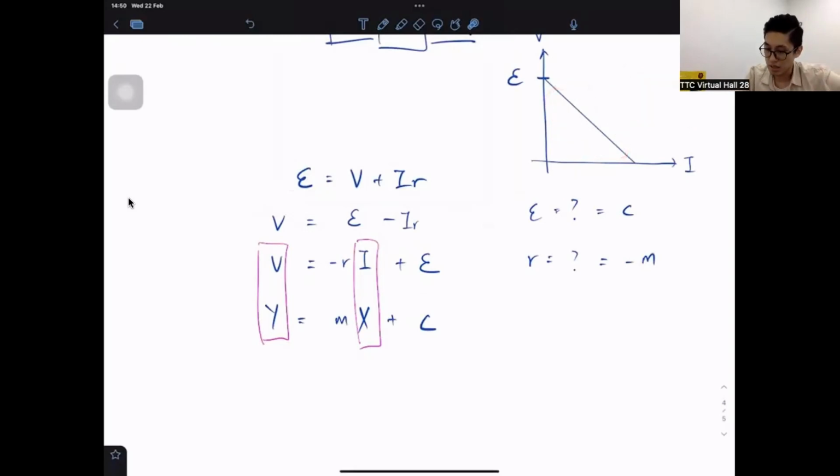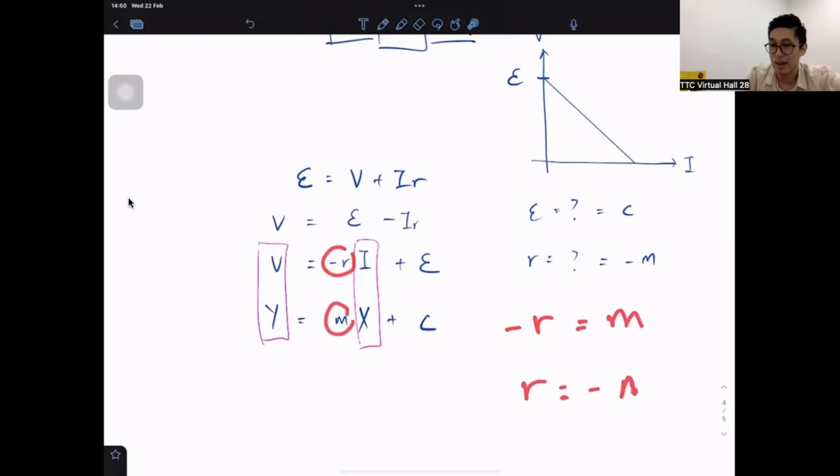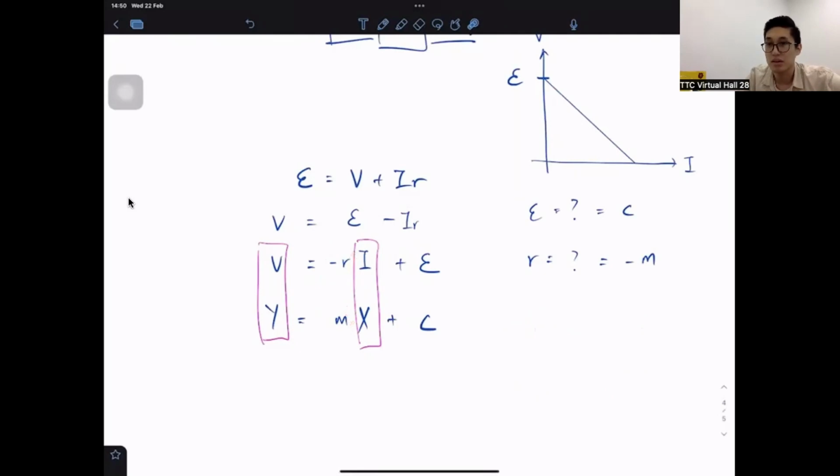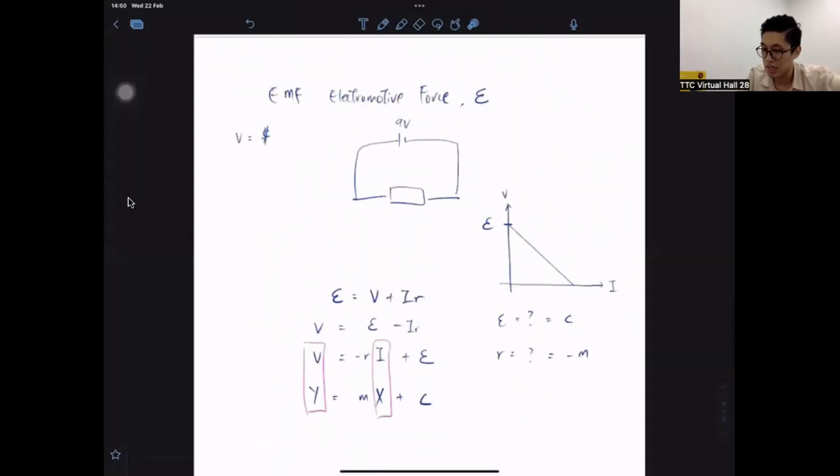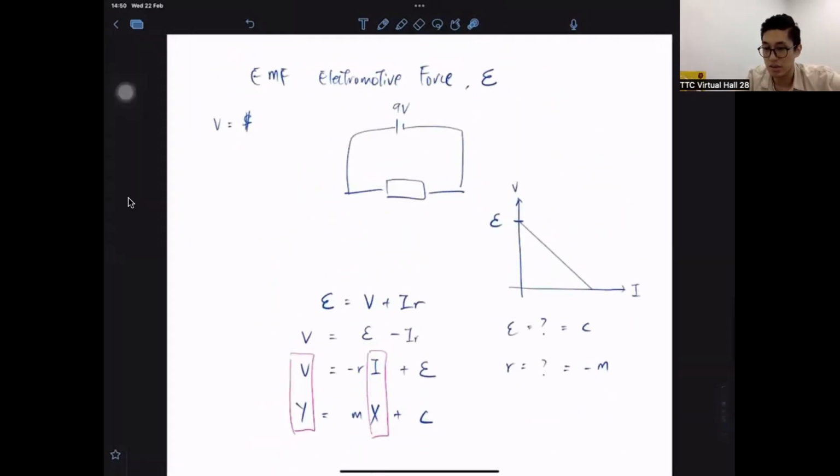Why? Because negative R is M. So R is negative M. So you will still get back a positive number, because this gradient is going to be negative, then the negative will become positive. Okay? So basically, this is the basics of EMF and internal resistance.